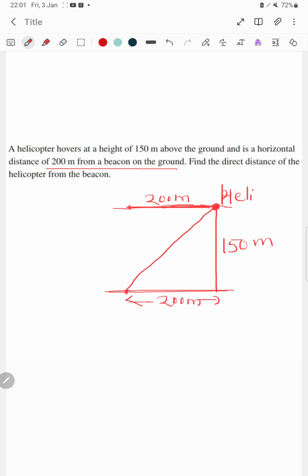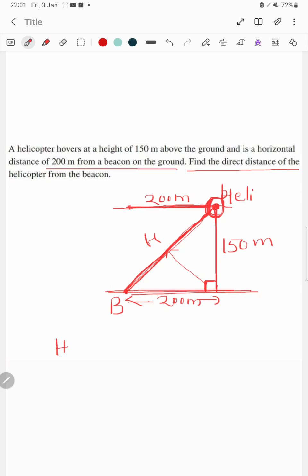Because this is the ground, which is horizontal, and this is the hovering height of the helicopter, the angle between them will be 90 degrees, and the side opposite to this one is the hypotenuse. I call it H. They are saying find the direct distance of the helicopter from the beacon. So here is the beacon and here is the position of the helicopter. This distance is being asked, which is the hypotenuse.